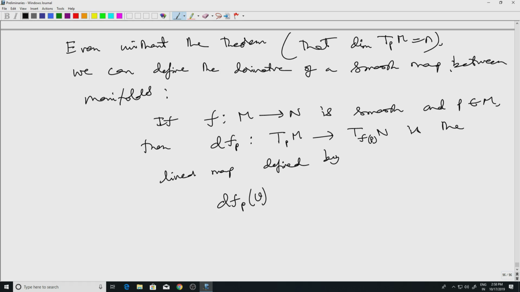However, an element of TpM itself is a certain linear map on a different vector space, namely C infinity functions on M. Now DFp of V is supposed to be an element of this space. In other words, it's going to be a linear map on C infinity N, which is a derivation at f of p. So it has to act on some C infinity function on N. So let's call that phi.